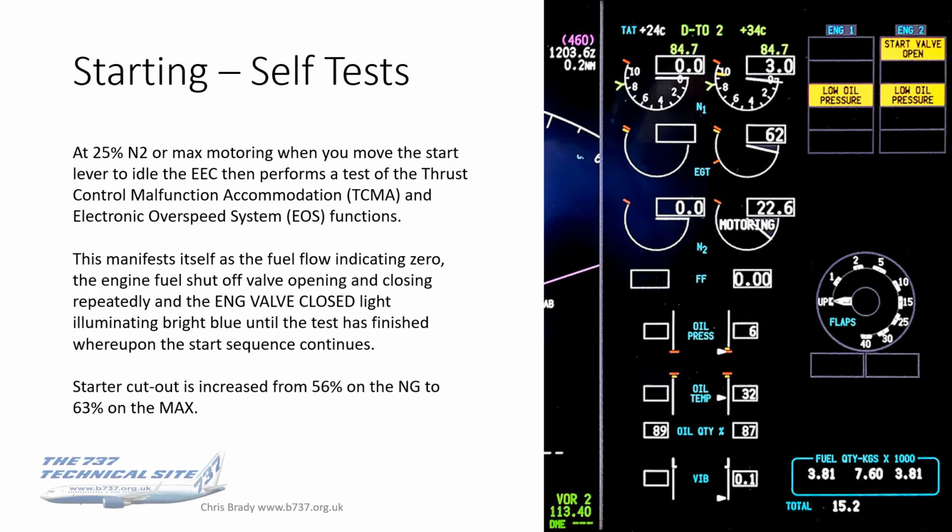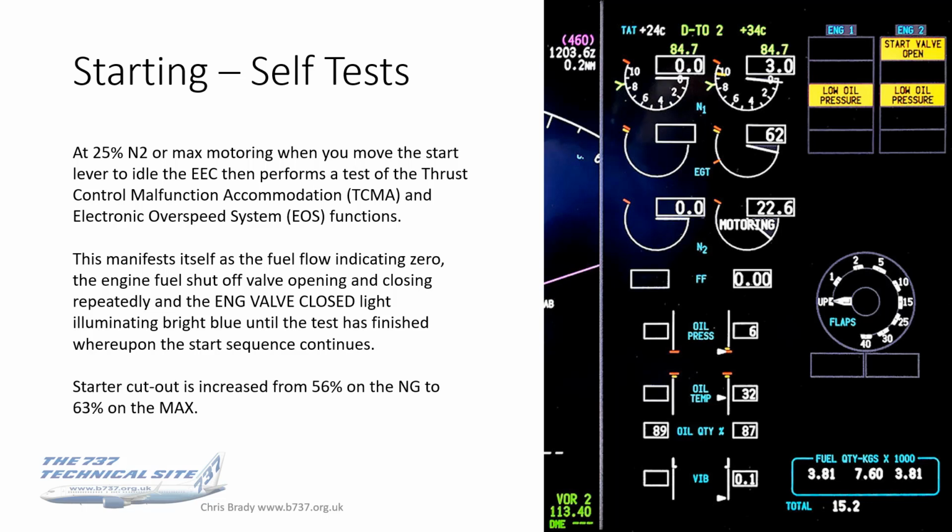What also happens during the starting, at 25% N2 or max motoring, when you put the start switch to idle, the EEC performs two tests: the thrust control malfunction accommodation, TCMA, and the electronic overspeed system.